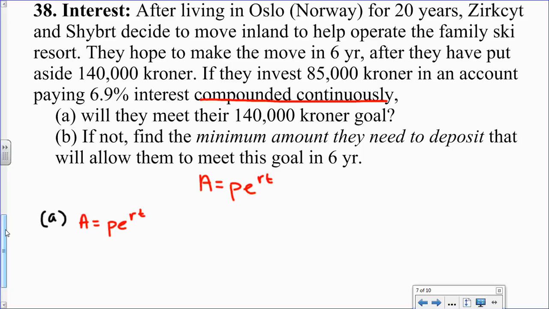Alright, part A asks if they will meet their goal. So what variable am I solving for? A. And I want to know if A is 140,000. So I'm plugging in what they give and we'll see if they've met their goal.